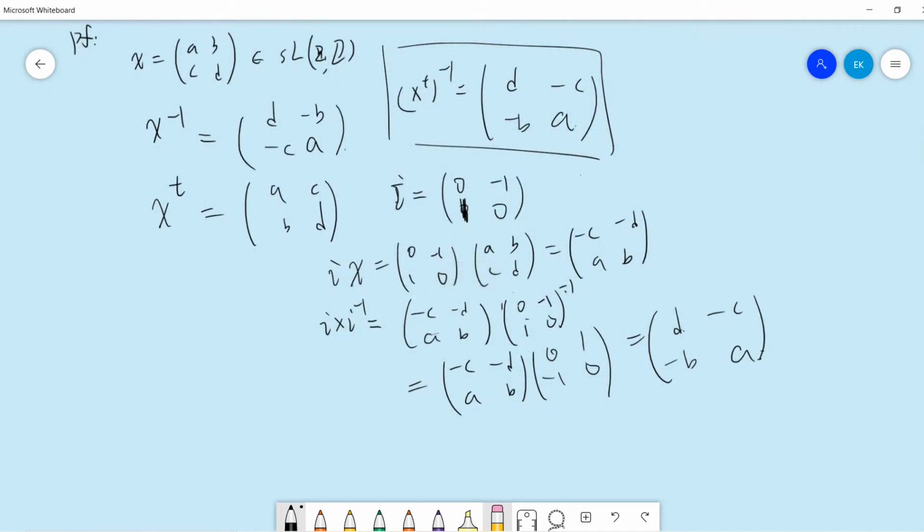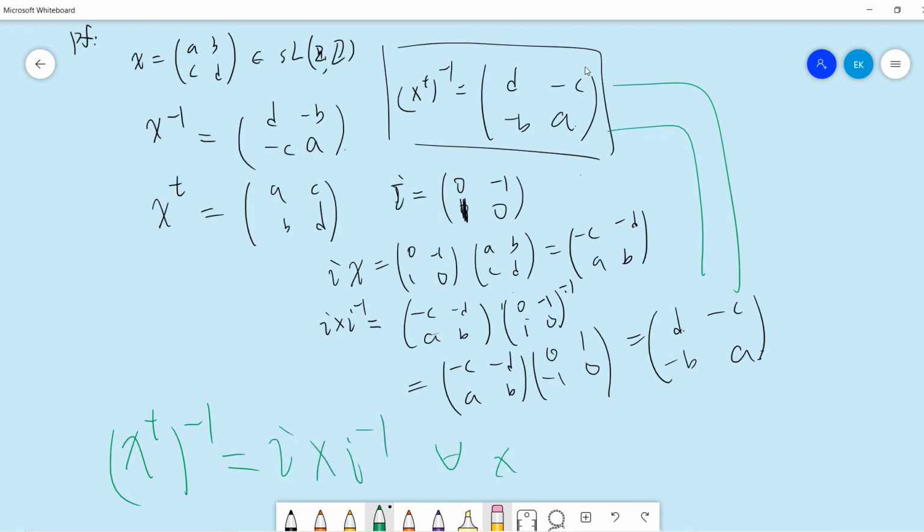We can see these two are the same. That means x transpose inverse is basically I x I inverse for all x belonging to SL_2(Z).